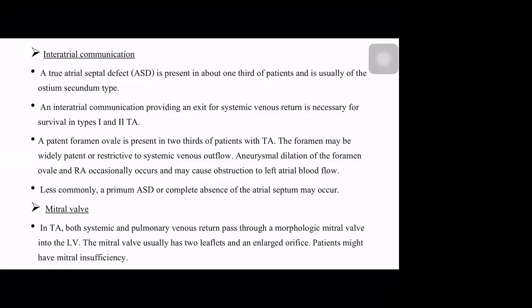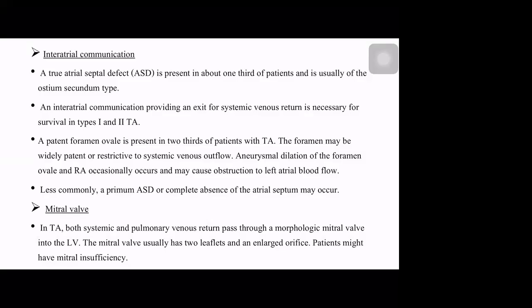Less commonly, a primum type of ASD, or very rarely, complete absence of the atrial septum may occur. And as you know, survival in the presence of complete absence of any ASD or any PFO is difficult for the child.